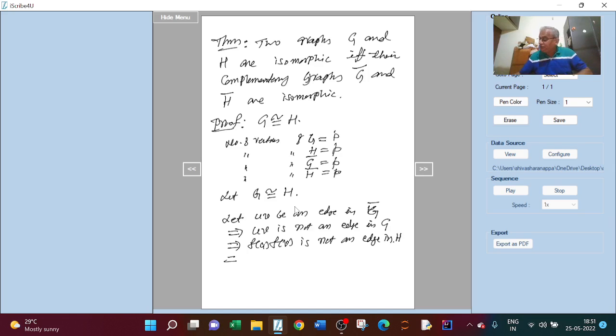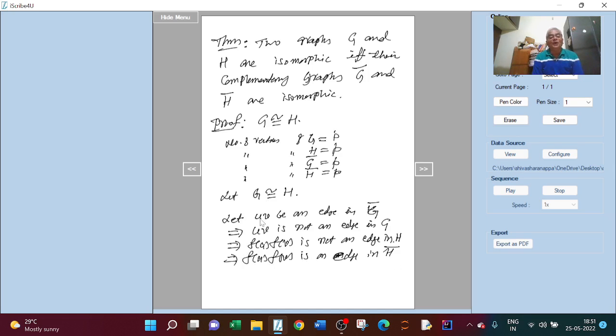And if this is not an edge in H, this implies F of U F of V is an edge in H bar. So we have taken UV as an edge in G bar, and we have proved that F of U F of V is an edge in H bar.